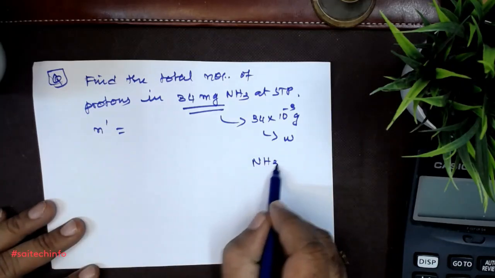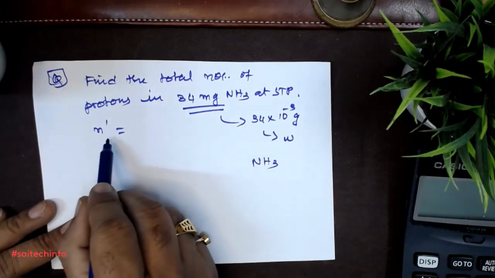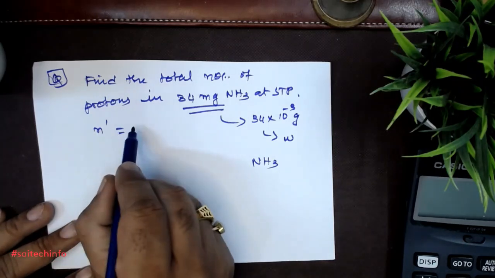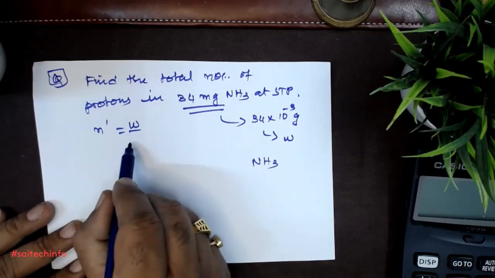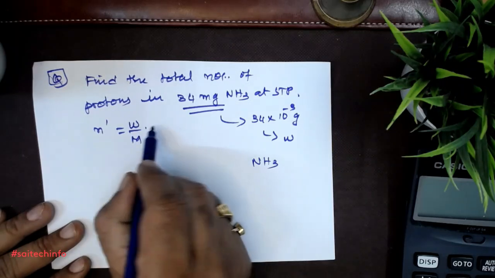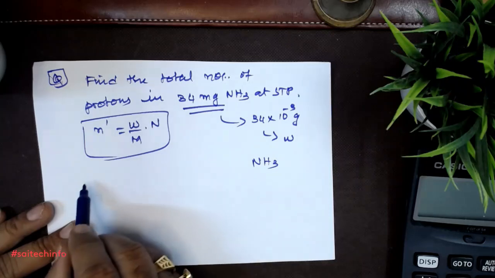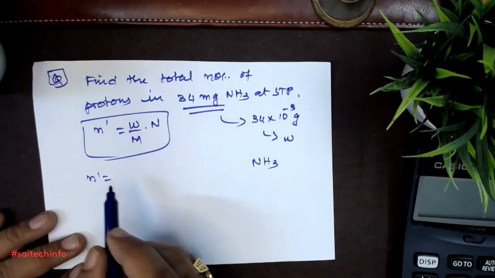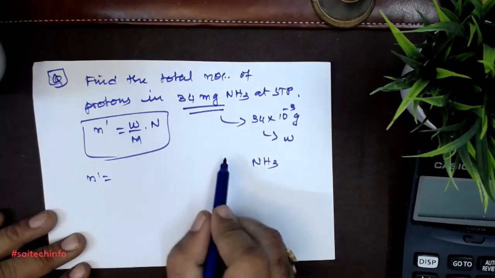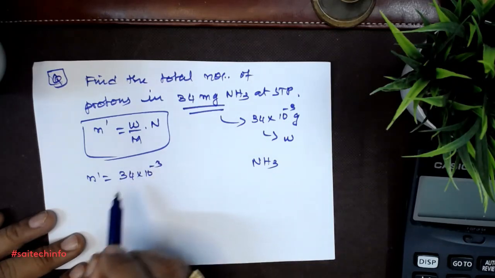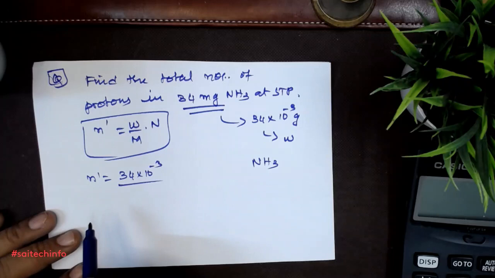Ammonia is NH3, and N dash is equal to weight by molecular weight into Avogadro's number. So this is the formula you have to adopt.